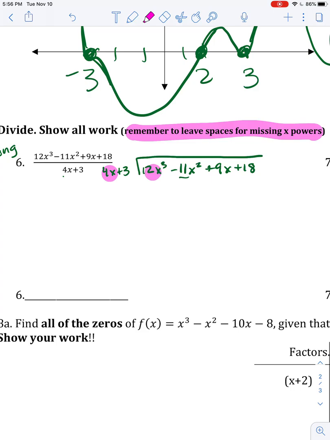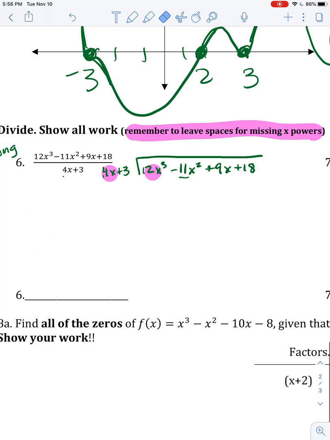Okay, so I'm going to look at this 4 and this first term, and I'm going to think about what I have to multiply that by. Or if you would rather, you can think, what is 12x to the 5th dividing out of 4x? This part becomes a 3. This x cancels 1, and I get 3x to the 4th.